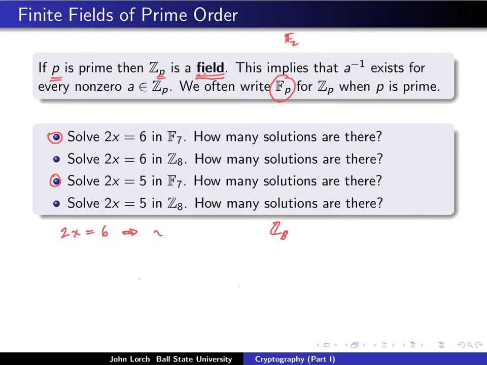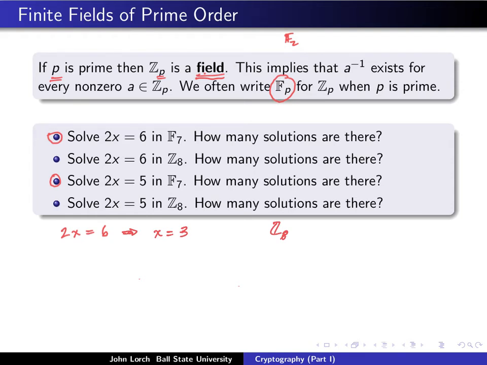Well, we get 6, certainly. We don't get it when x equals 0, x equals 1 fails, x equals 2 fails. We do get it when x equals 3. X equals 4 will give us 0 again. X equals 5 would give us 2. X equals 6. 2 times 6 is 12.